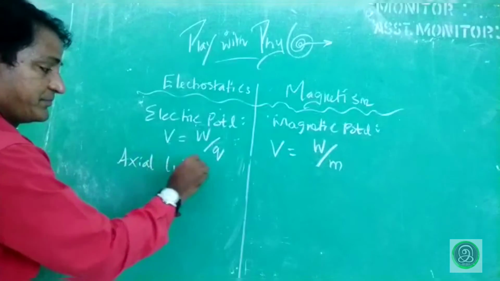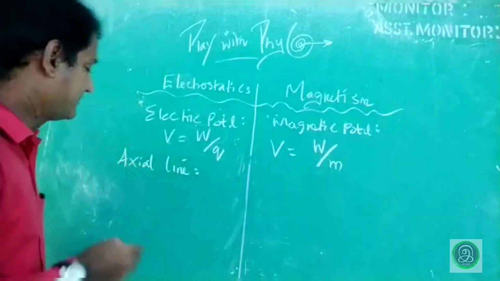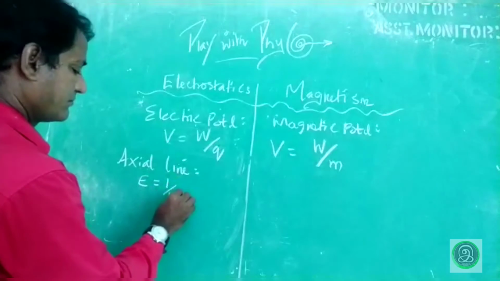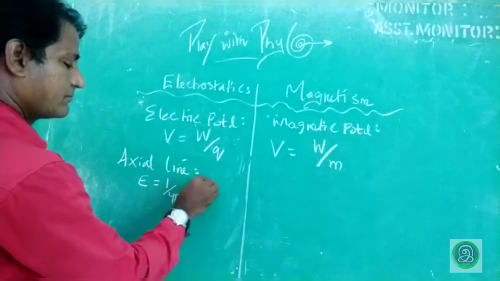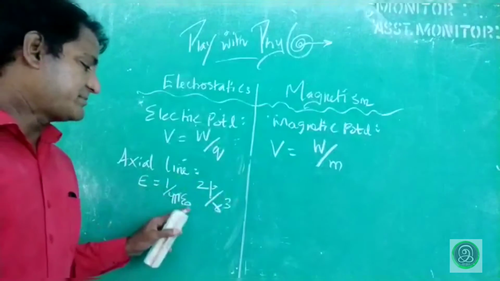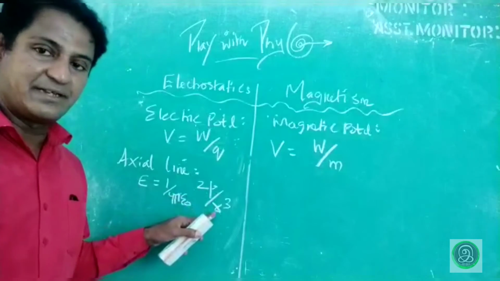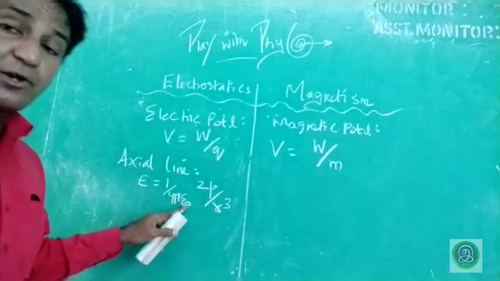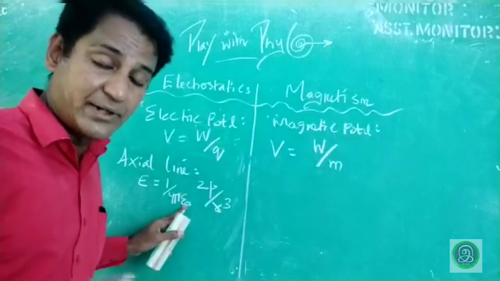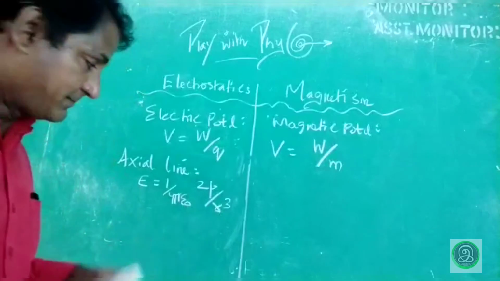Then the axial line, that is, electric field due to an electric dipole along the axial line is 1 by 4 pi epsilon naught, 2p by r cube, where small p is the electric dipole moment, r is the distance. Now epsilon naught is the permittivity of free space, whose value is 8.854 into 10 to the power of minus 12 C squared N inverse m power minus 2 as the unit.